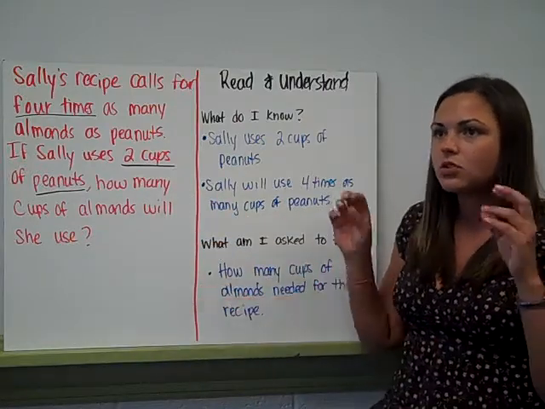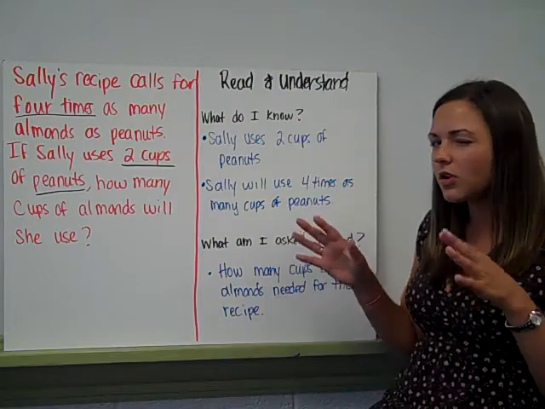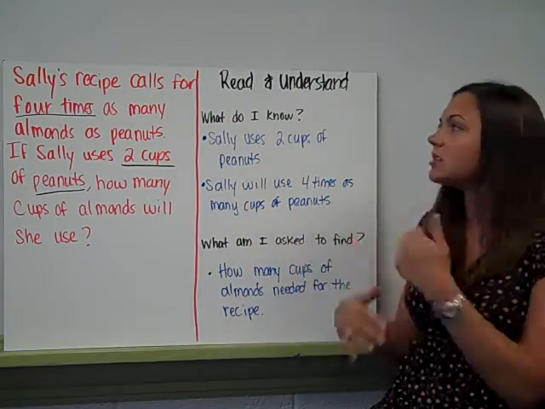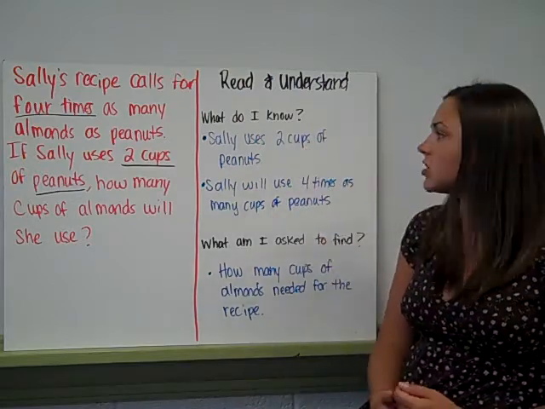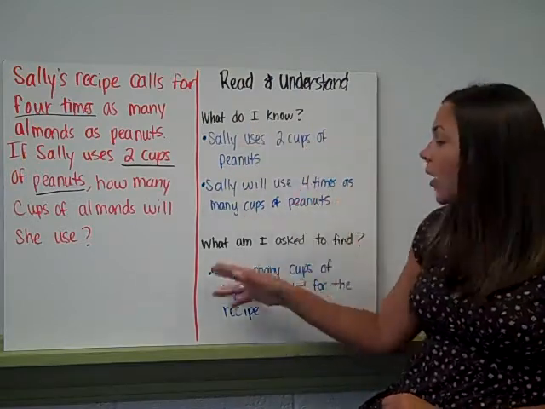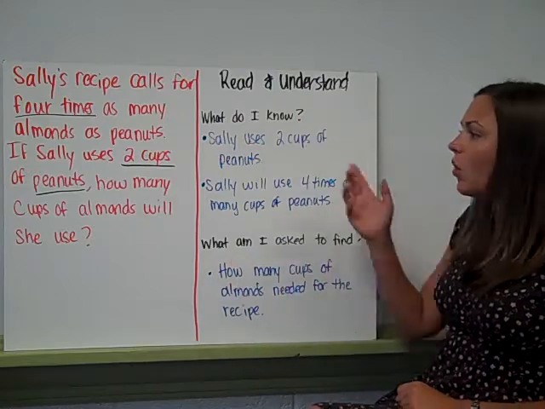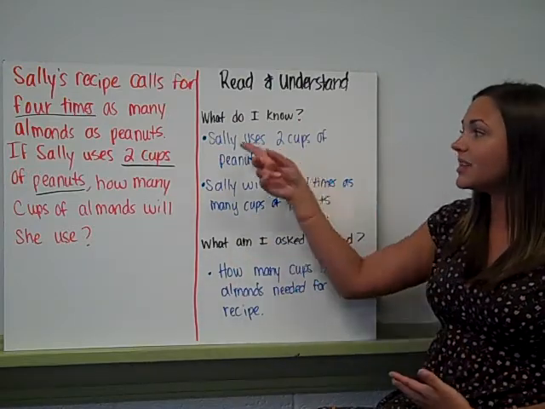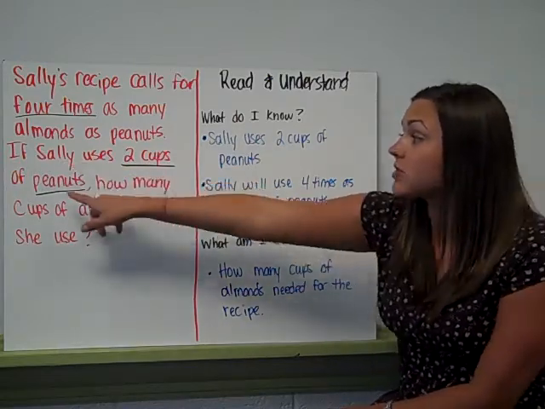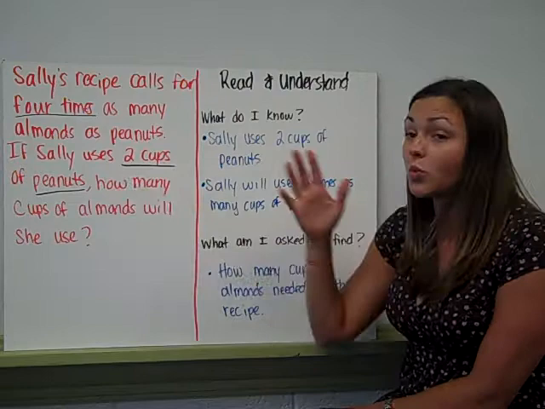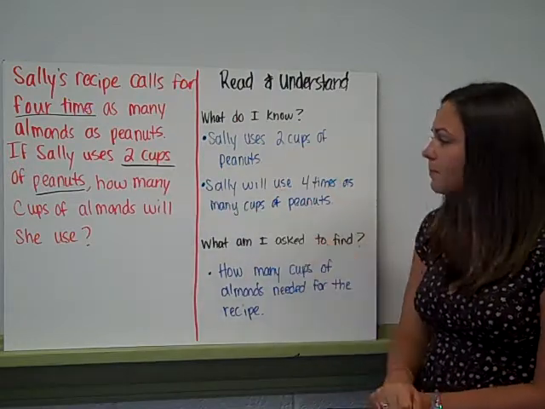Okay, so we have a little bit of an understanding of our question, but we want to make sure we really understand it. So we want to ask ourselves those 2 questions. What do I know? What am I asked to find? What do we know here? We know that Sally's using 2 cups of peanuts, because it says if Sally uses 2 cups of peanuts. We know that's a fact for sure in the problem.